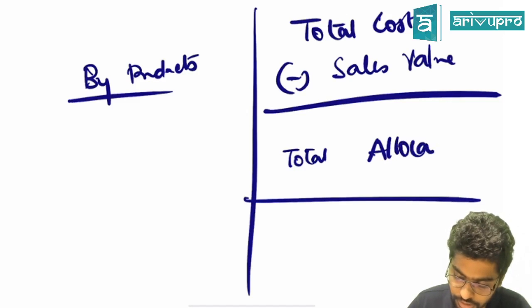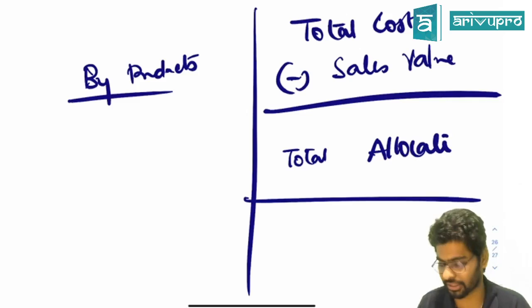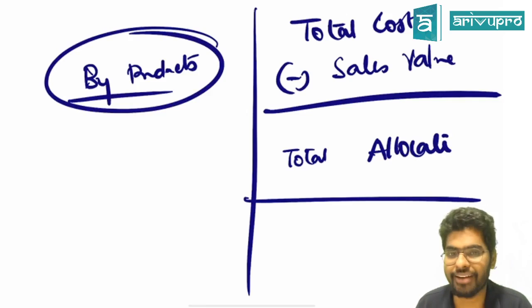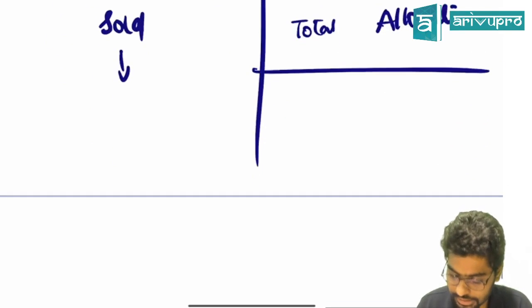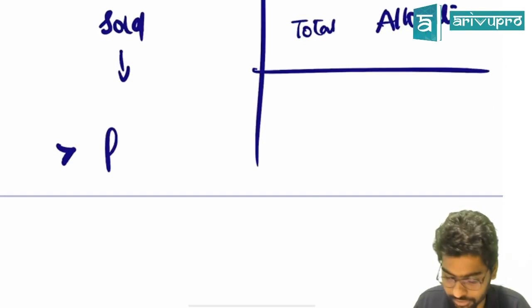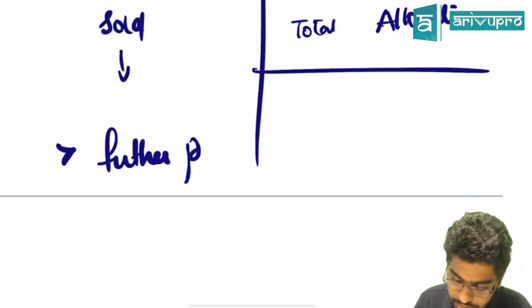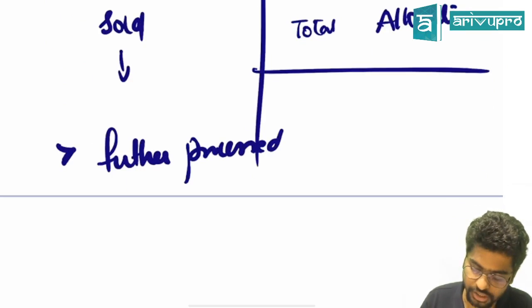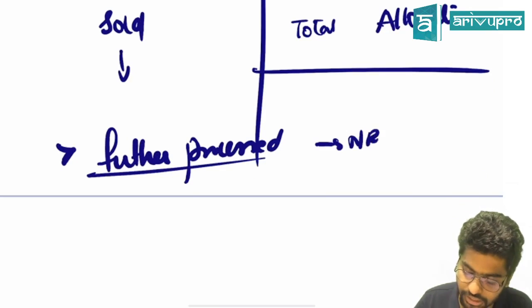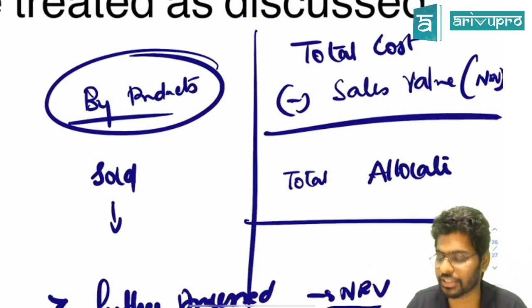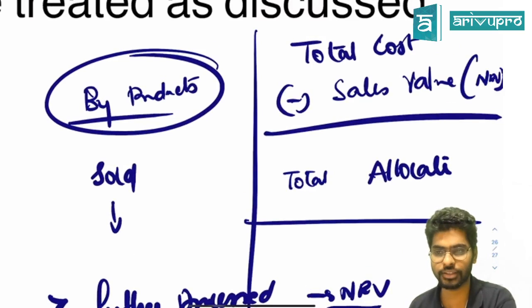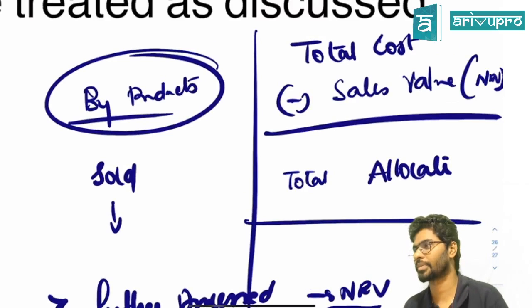Now here there are 2 methods. One, I have a byproduct which can be sold as it is. The second is it can be sold after further processing. If it has to be further processed, you have to find the NRV and then you will be reducing not the sales value but the net realizable value here. Are you clear till now? Are you guys clear till now?